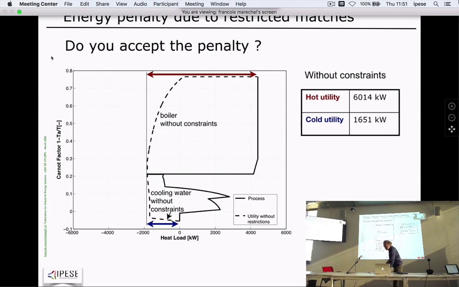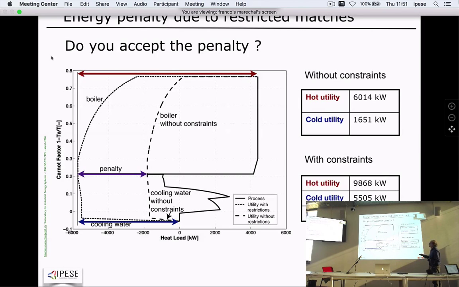And as soon as I'm adding the constraints in my system, I have this situation where the hot utility is much bigger. And the reason for this is that there is a heat recovery that was accounted for when I was calculating without constraints, but that is not feasible. So the heat is available, but nobody can use it.